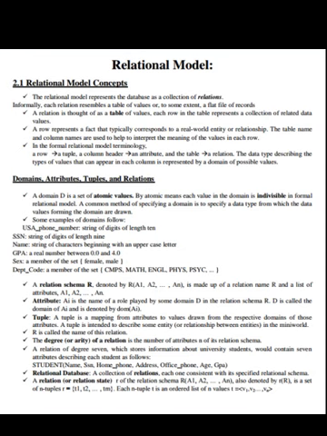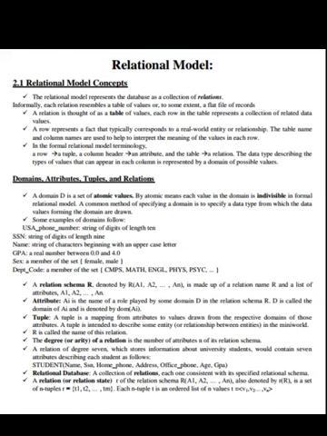SSN: string of digits of length 9. Name: string of characters beginning with an uppercase letter. GPA: a real number between 0.0 and 4.0. Sex: a member of the set female or male. Department code: a member of the set campus, math, English, physics, psychology, etc.